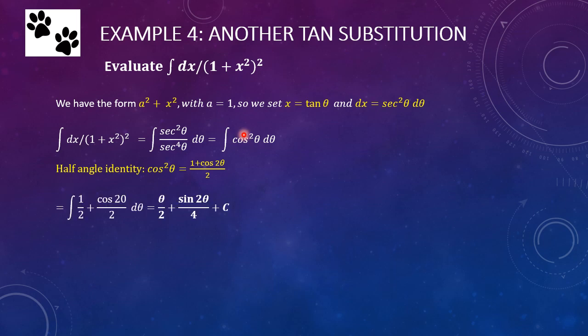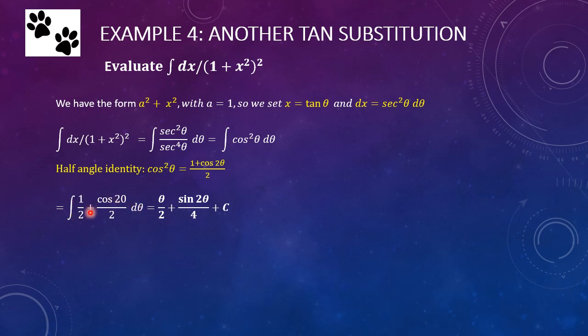So this is equal to the integral of 1/2 plus 1/2 cosine 2 theta, or 1/2 plus cosine 2 theta over 2. This is just making this into two fractions. We really probably should have done these as two separate integrals, just for clarity, and I didn't write that other integral symbol in there.